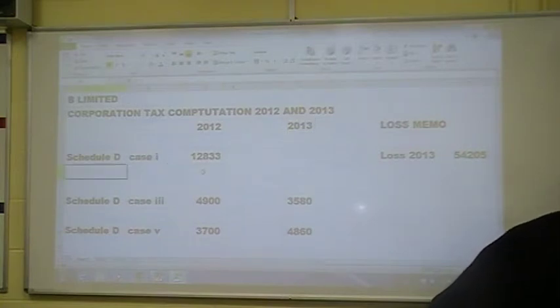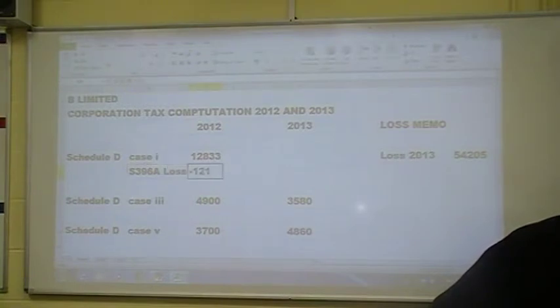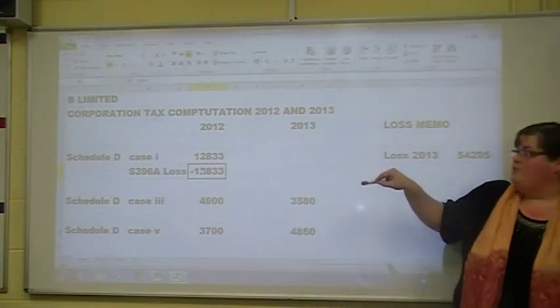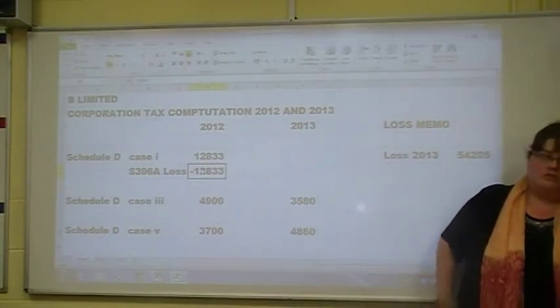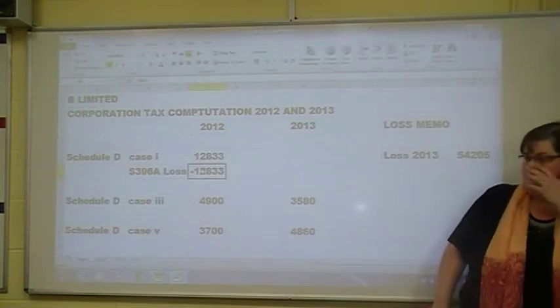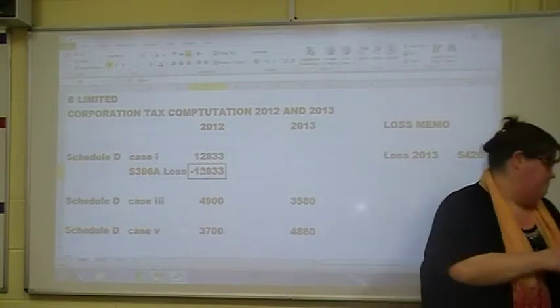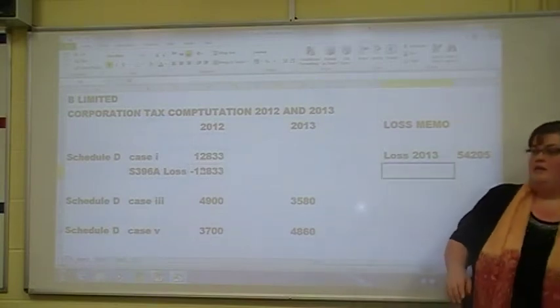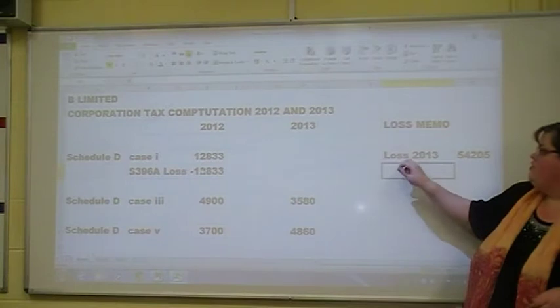Okay, so we've got our loss. Section 396A, minus 12,833. So it comes straight off of there because they're both case 1 incomes. And you must now bring this over to your last memo.